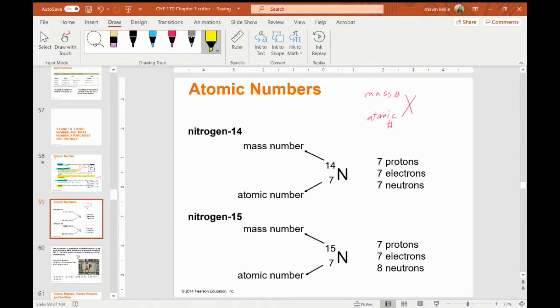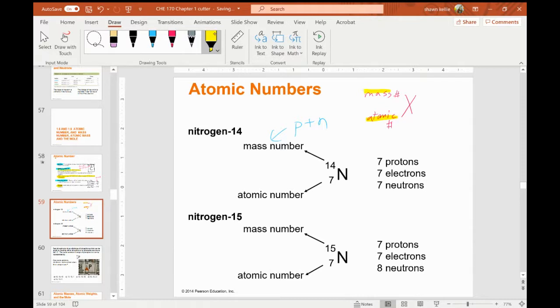One thing you have to remember is the mass number always tells you the number of protons plus the number of neutrons. It doesn't tell you the number of neutrons, it tells you protons plus neutrons. So if you want to get the number of neutrons, you have to do some subtraction. Fortunately, the way we have the symbology set up, we've got that subtraction all set up for you.